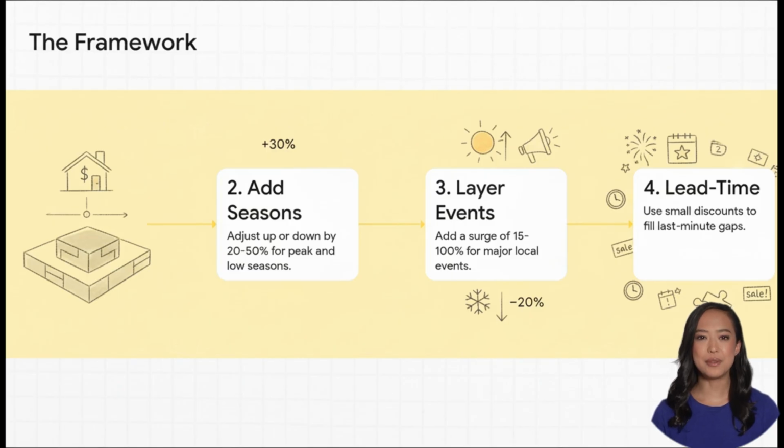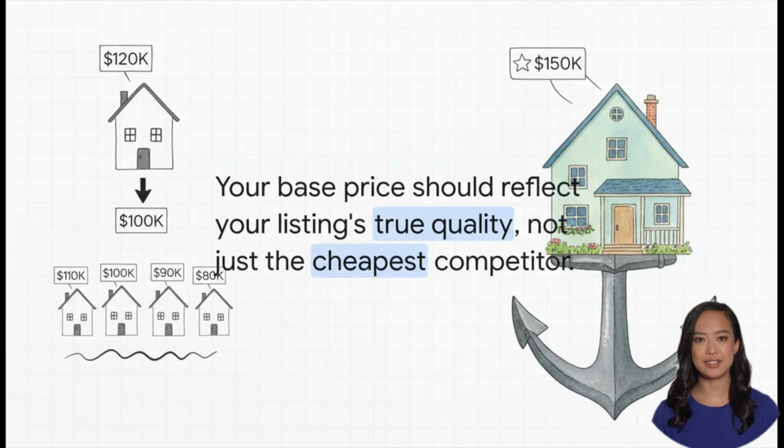That big festival comes to town, bam, you add a 50% surge, and now you're at $150 for that weekend. And finally, step 4, use smart discounts to fill any last-minute gaps you might have. See? Simple layers.